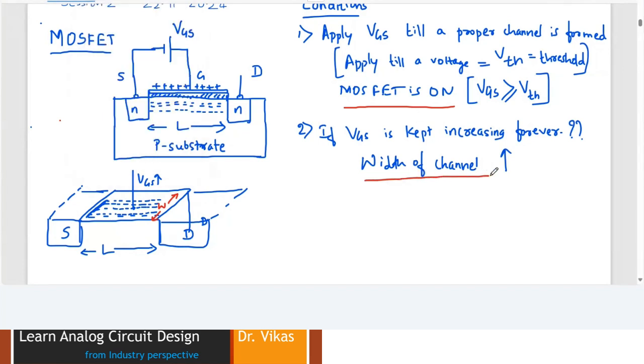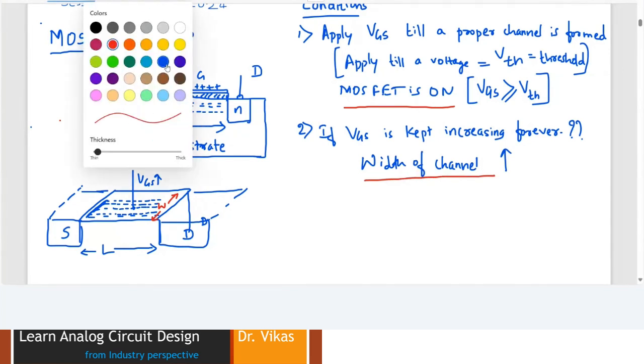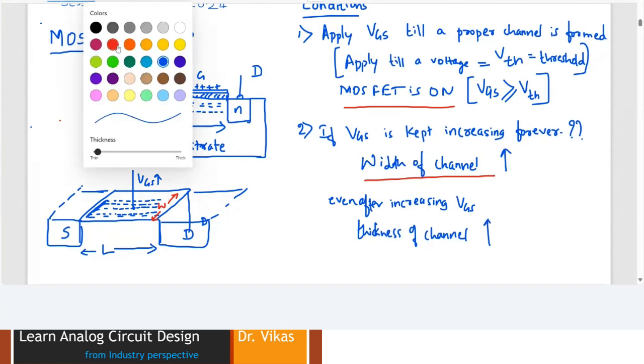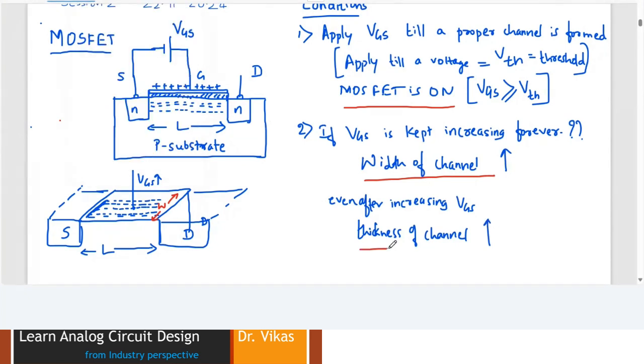That is another point. And at the same time, I can also say, even after increasing VGS, what will happen? Thickness of channel also increases. That means effectively you are not making any progress.